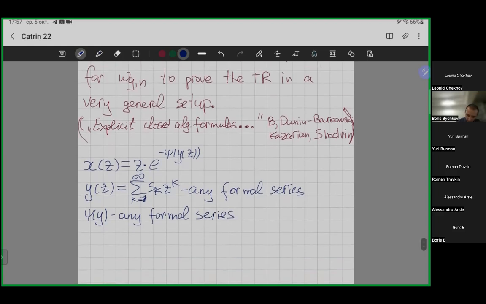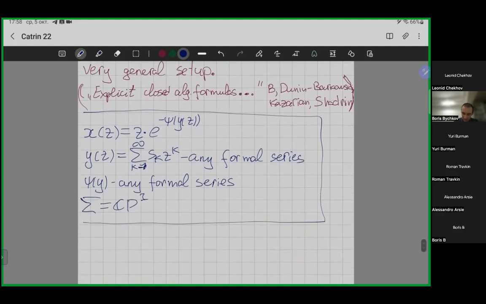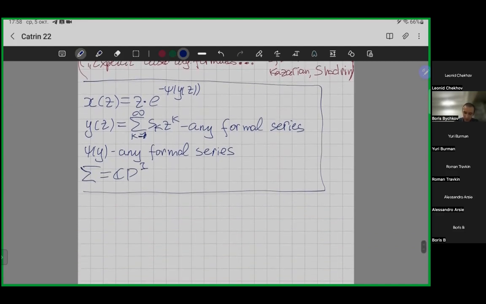And sigma is CP1, as I said. So for example, you see that simple Hurwitz numbers are obtained if you take y equal to z.